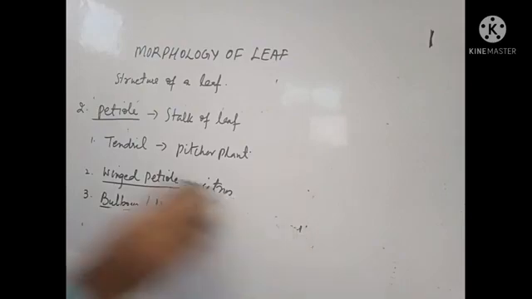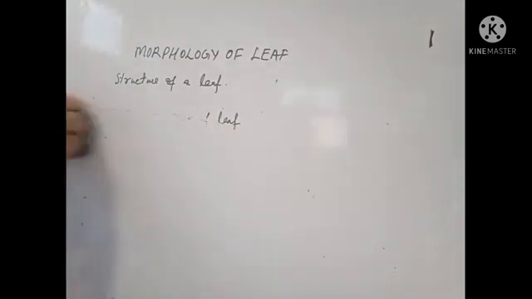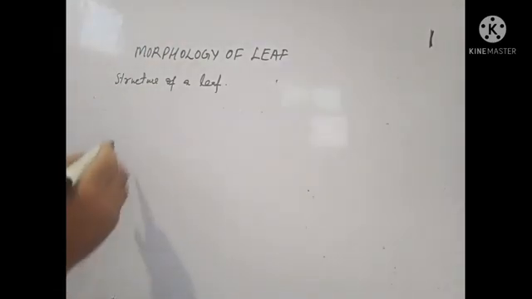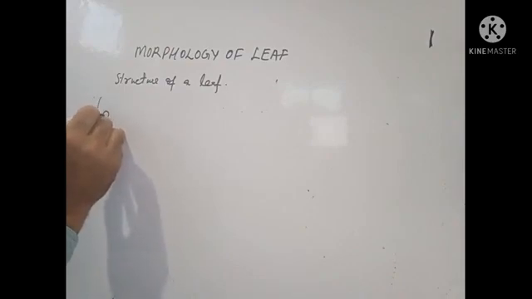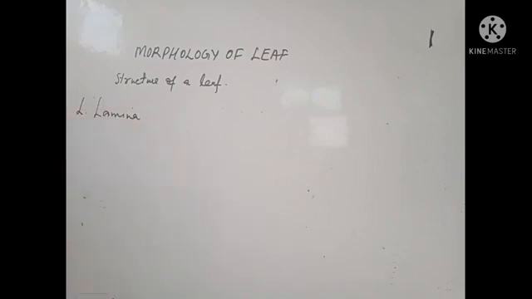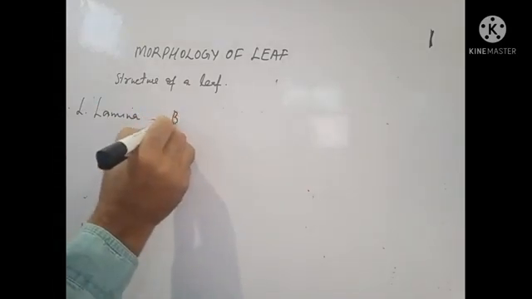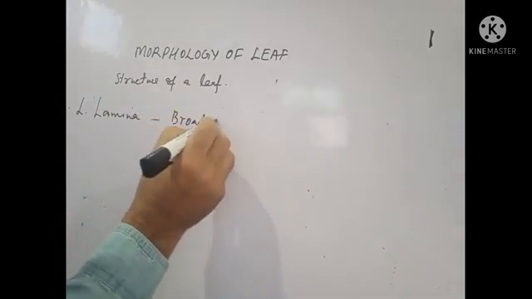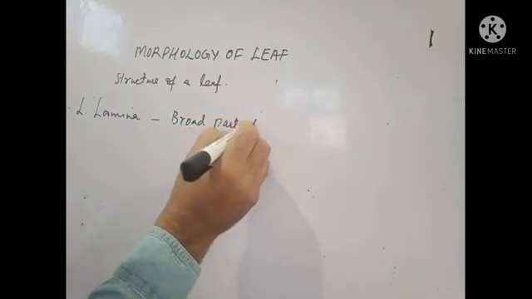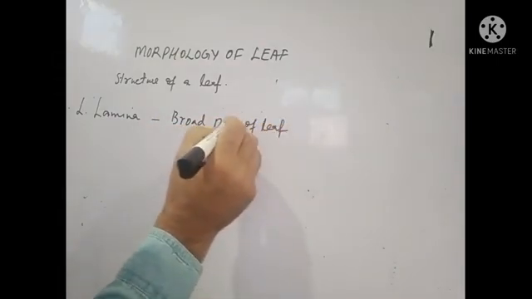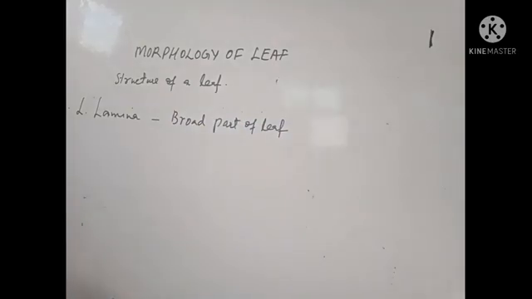Number third is lamina, leaf lamina. It is the broad part of leaf. So broad part of leaf is a lamina, and it too has modifications.